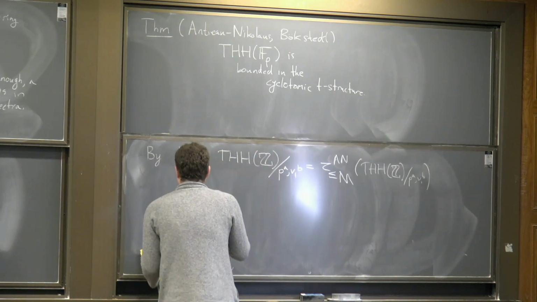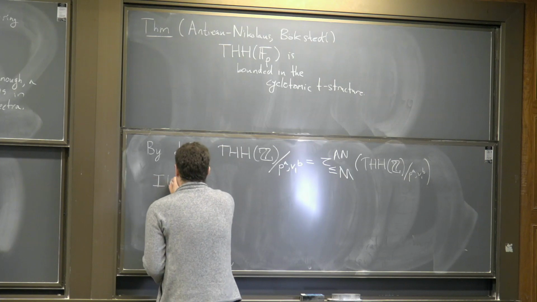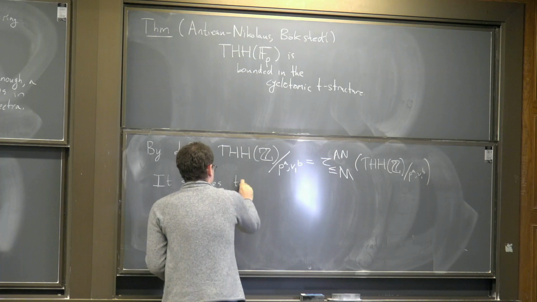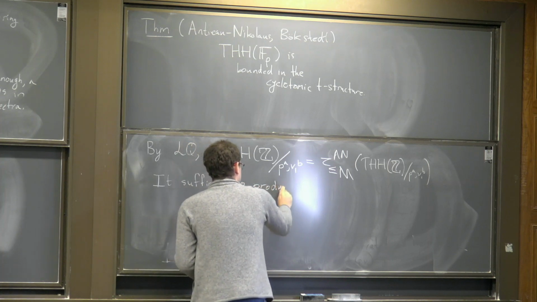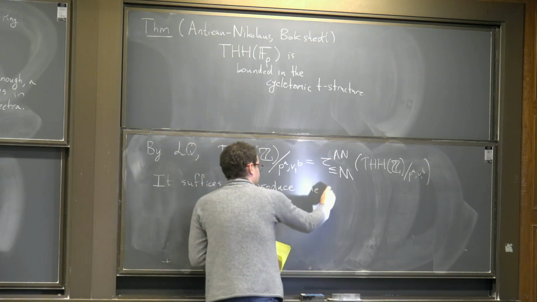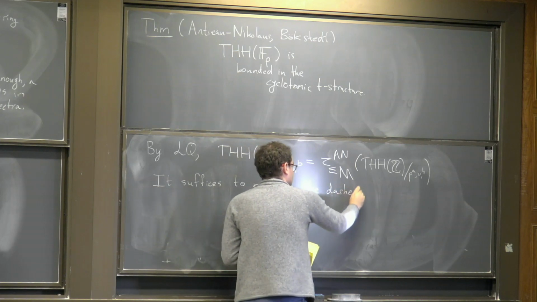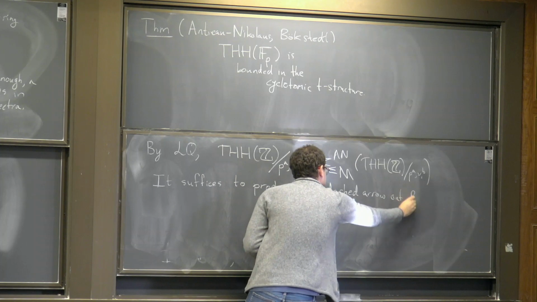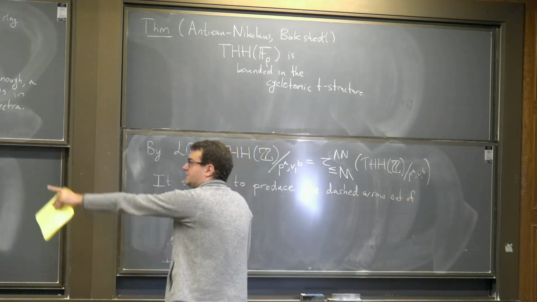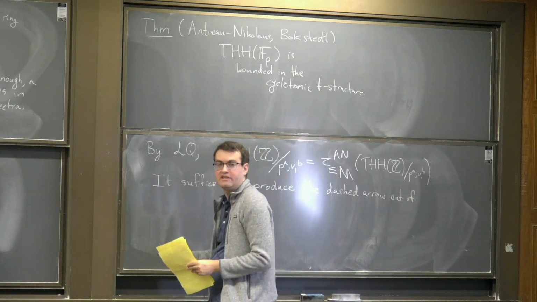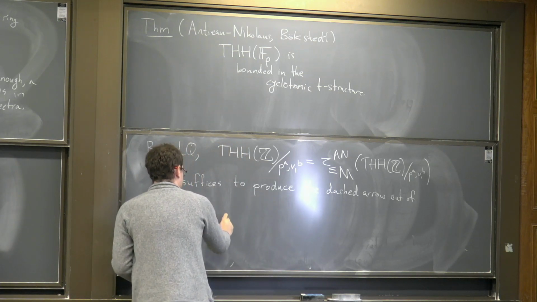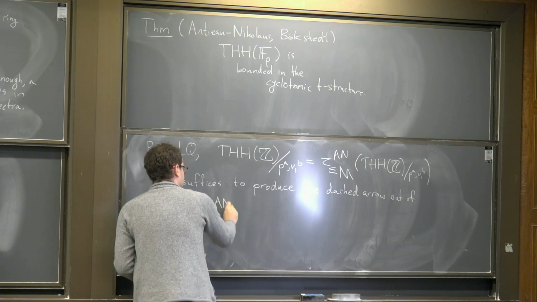So therefore, it suffices to produce the dashed arrow out of not THH of Z mod p to the n mod p to the a, v1 to the b, but its truncation in this mysterious t-structure.